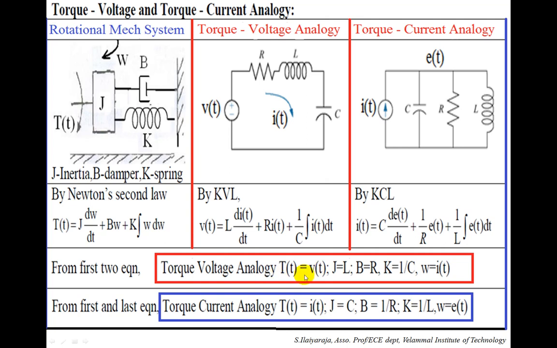So what is duality? Duality means voltage becomes current, inductance becomes capacitance, resistance becomes 1 by R, conductance, 1 by C becomes 1 by L, and current becomes voltage. So if you apply duality to the torque-voltage analogy, you will get the torque-current analogy.